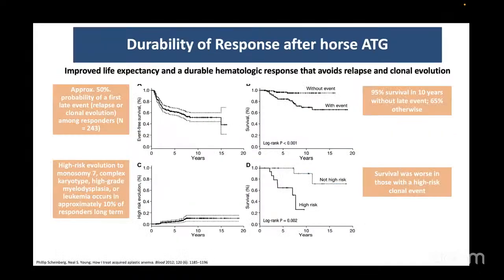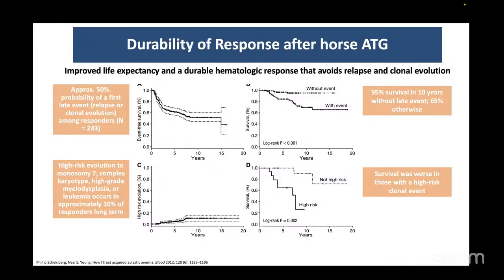And the durability. Talking about the durability of the responses after treatment with horse ATG, there is improved life expectancy and durable hematologic response, avoiding relapse of the disease and avoiding clonal evolution. Approximately 50% probability of a first late event, relapse or clonal evolution among responders, we can see here in the graph, and high risk evolution to monosomy 7, complex karyotype, high-grade myelodysplasia can occur in approximately 10% of patients over a longer period.